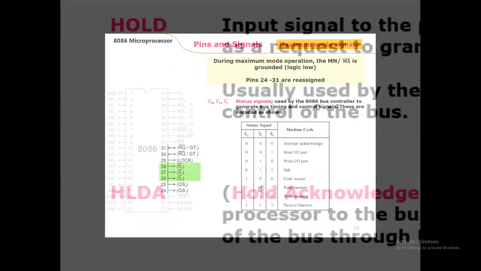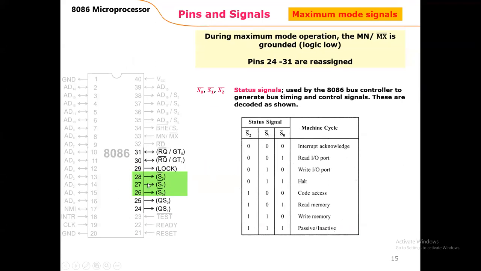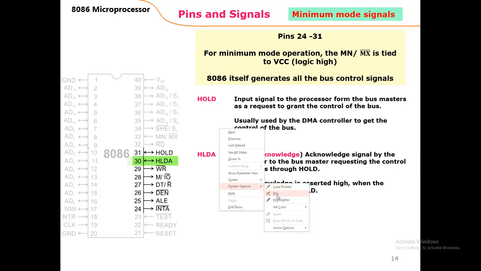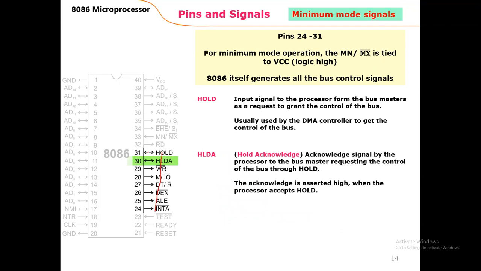Previously, pin 24 is the interrupt acknowledgement pin in minimum mode, and pins 17 and 18 are the interrupt request pins. But in our maximum mode, these pins are all omitted, right? Yes, sir.